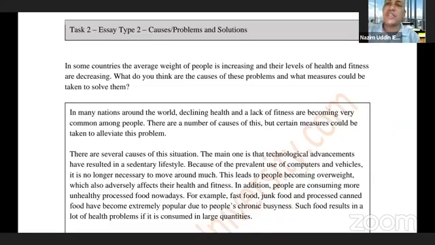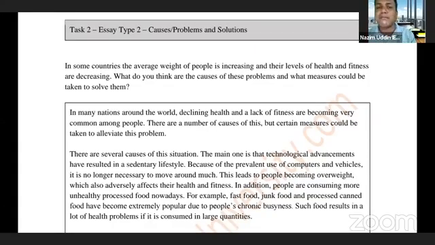In some countries, the average weight of people is increasing, and their levels of health and fitness are decreasing. What are the causes? What are the reasons for the problems? And what measures can be taken? They are talking about the problem.